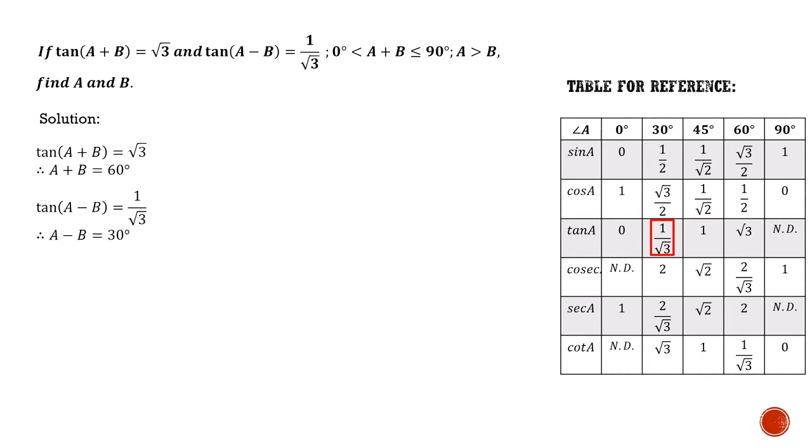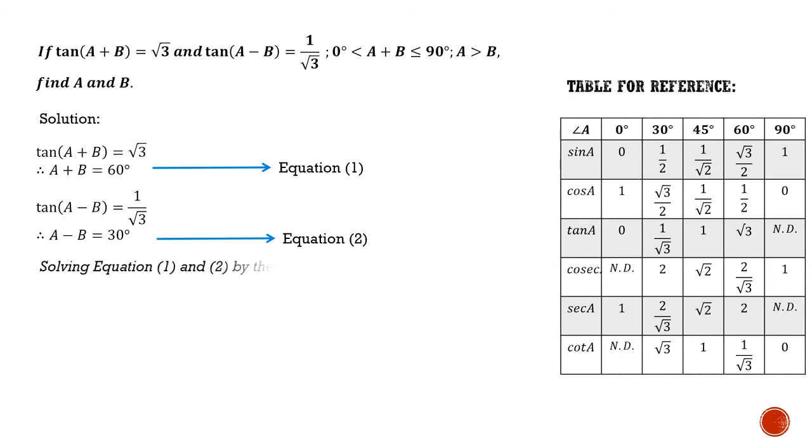Simple. Now we will be able to solve both the equations, equation number 1 and equation number 2, by the method of elimination, which you all must be aware of. So let us write them down and solve them.